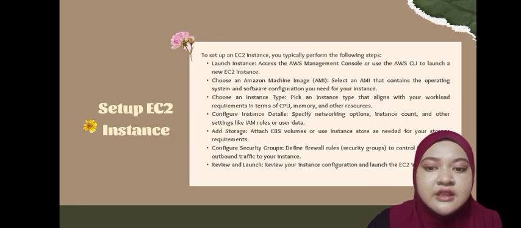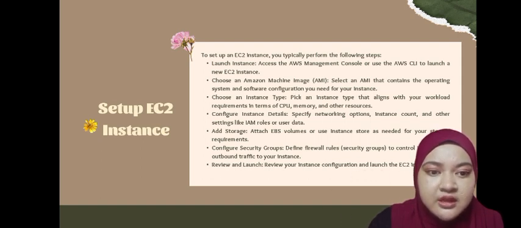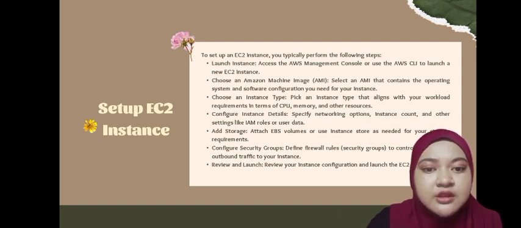Okay, set up an EC2 instance. To set up an EC2 instance, you typically perform the following steps. The first step is to launch an instance: access the AWS Management Console or use the AWS CLI to launch a new EC2 instance. Number 2 is choose an Amazon Machine Image, or AMI. Select an AMI that contains the operating system and software configuration you need for your instance.